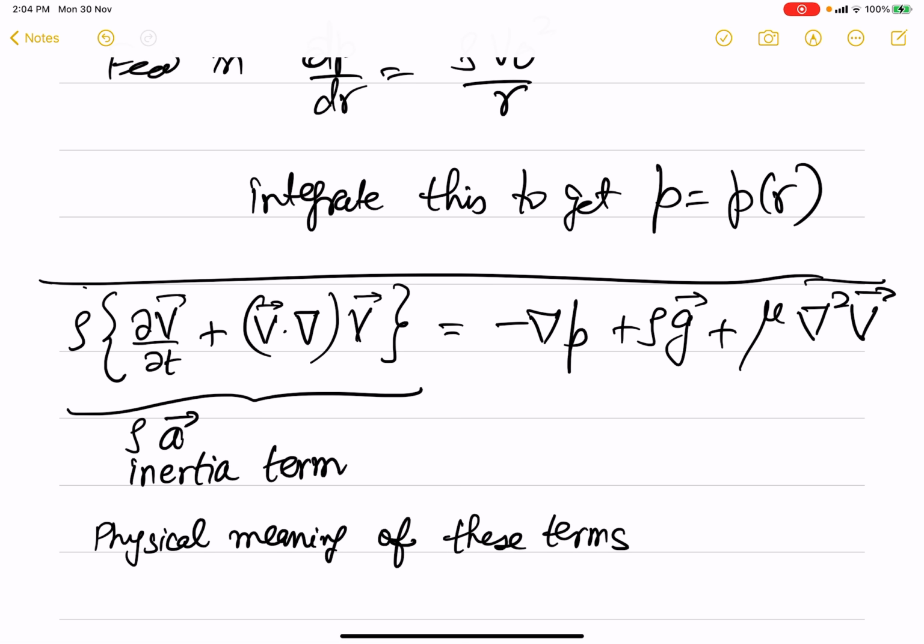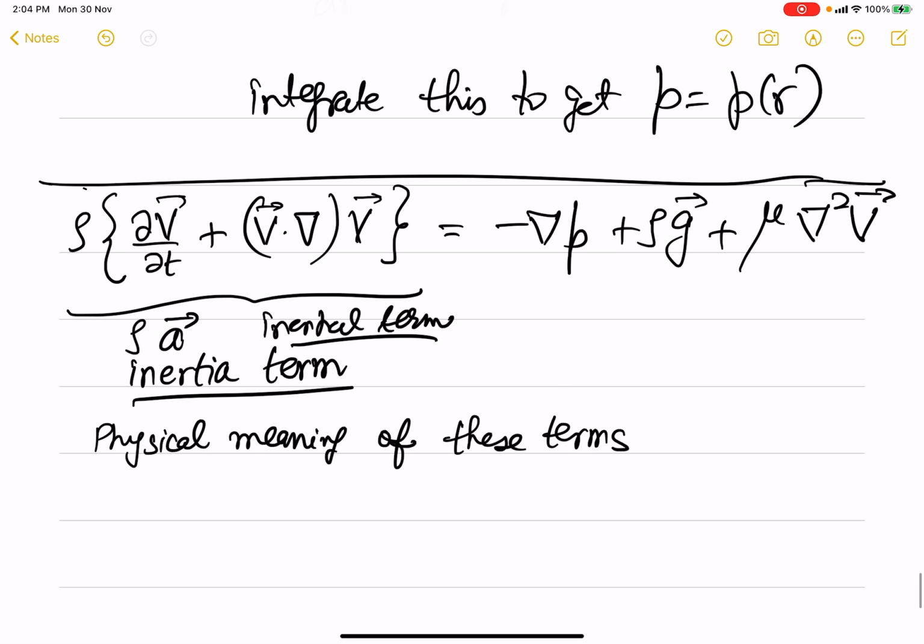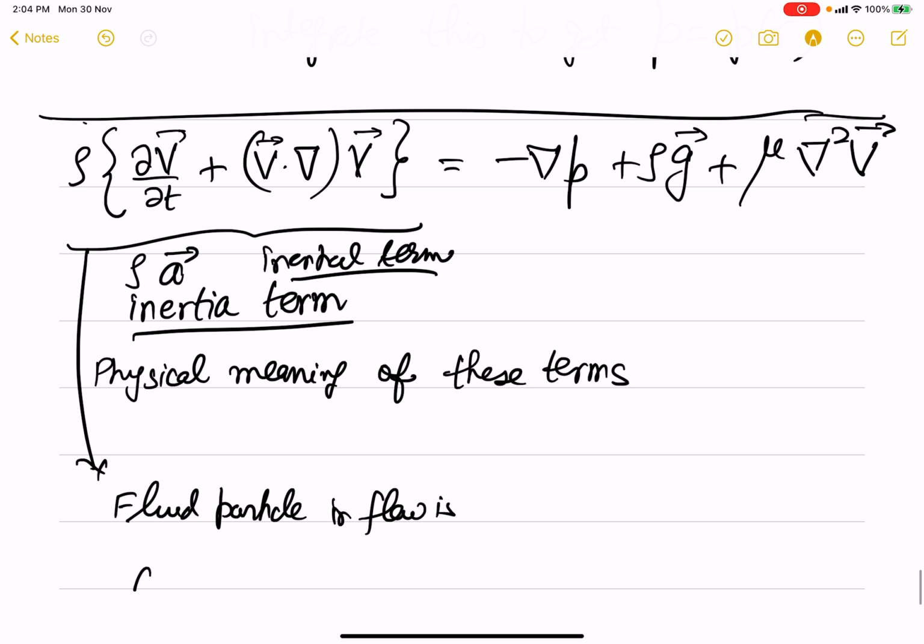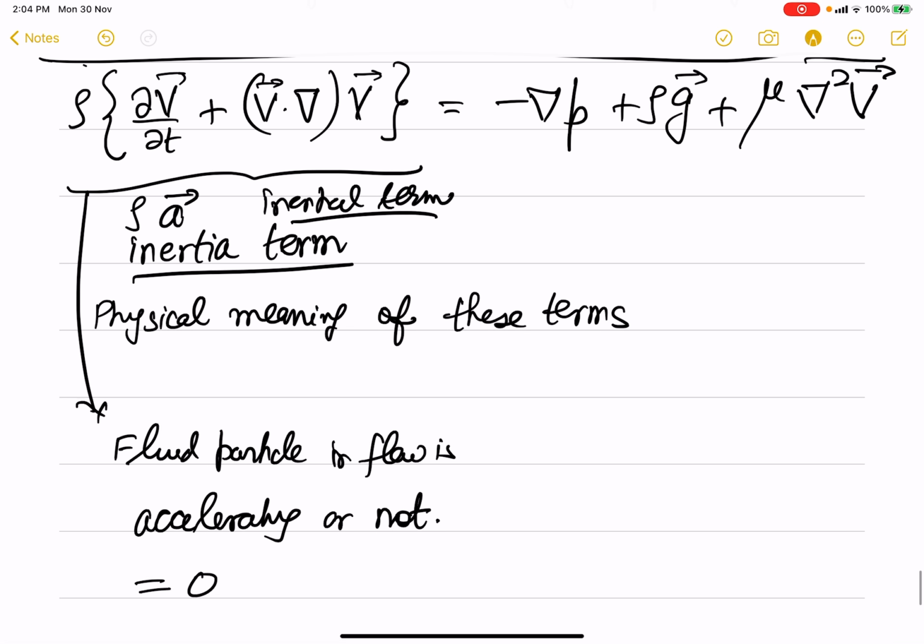So this left hand side tells us whether a fluid particle in the flow is accelerating or not. And whenever this term is equal to 0, this implies the acceleration of fluid particles is equal to 0.